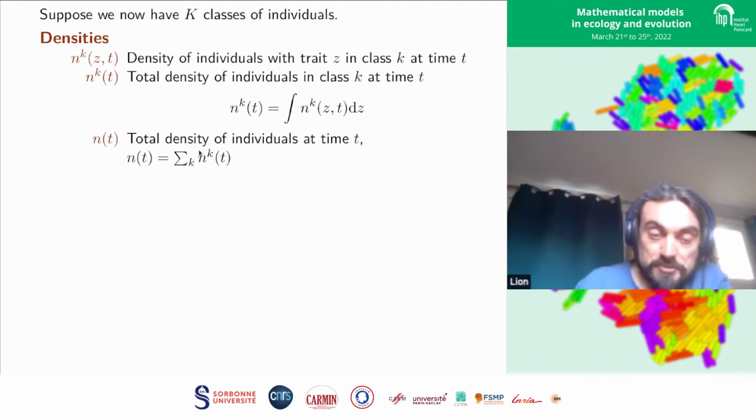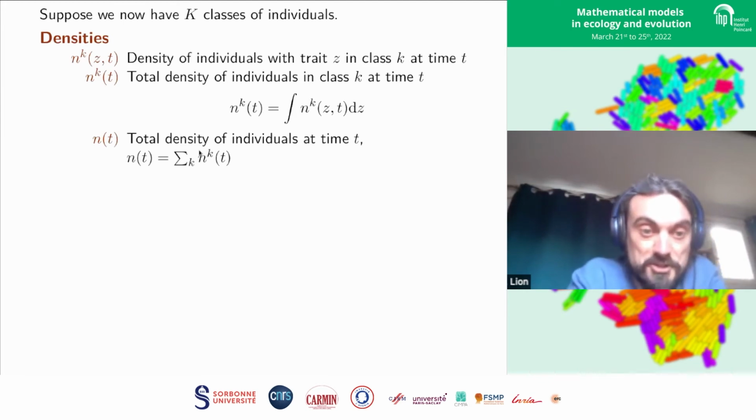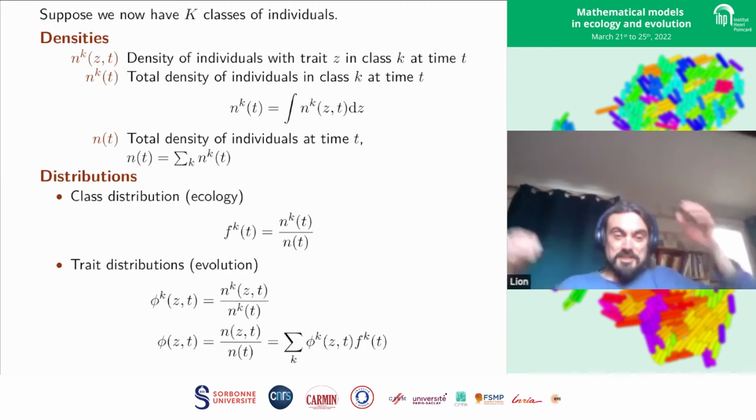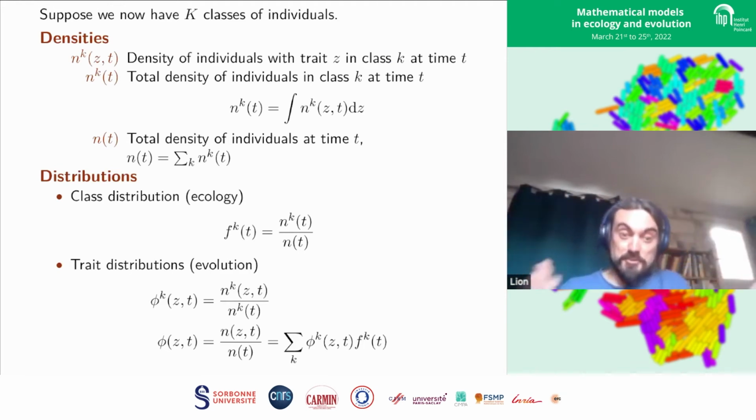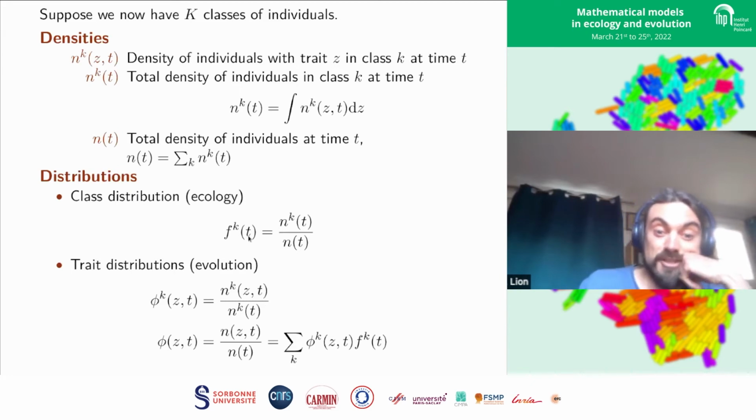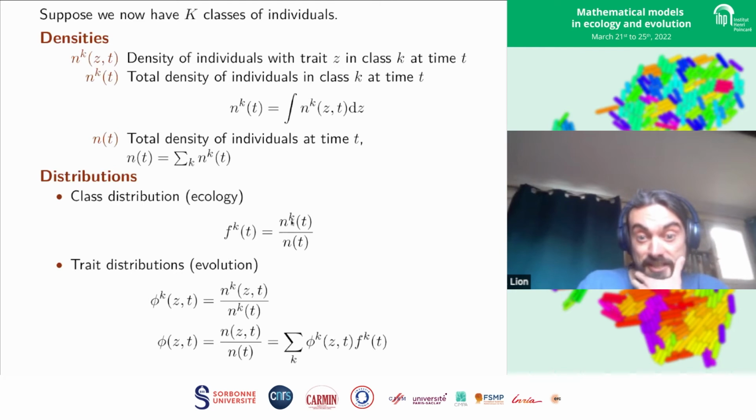And then we can also sum over all classes to obtain the total density at time t. And then distributions, we also have two types of distribution. Now that is the class distribution, that is the frequency of each class, so the fraction of individuals that are in class k at time t.